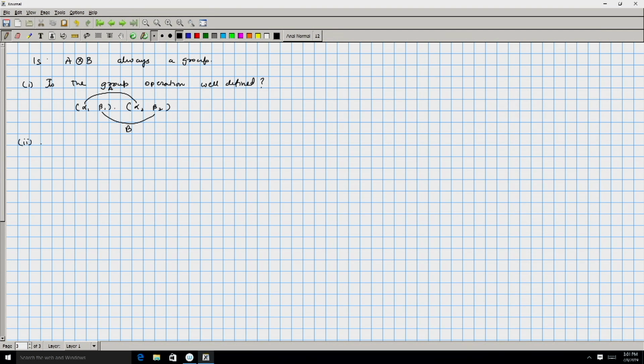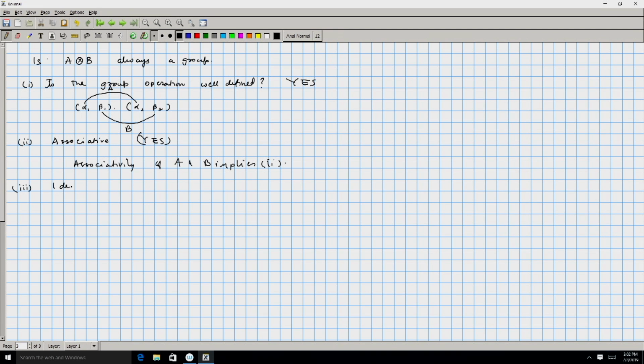And since now the operation is well defined, we can check if it is associative. It is also yes, because that follows from the associativity of A and B. Because the underlying groups A and B are associative, you can verify that it translates into associativity of A direct product B.